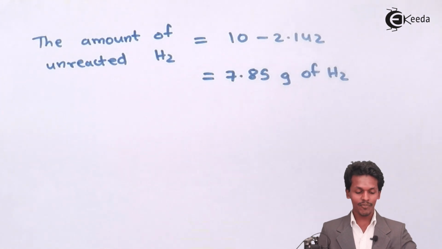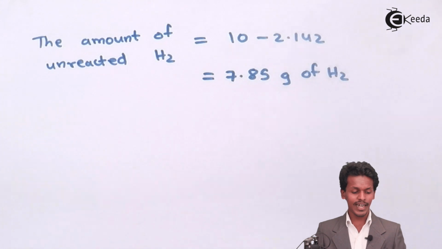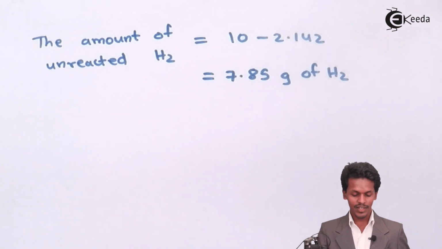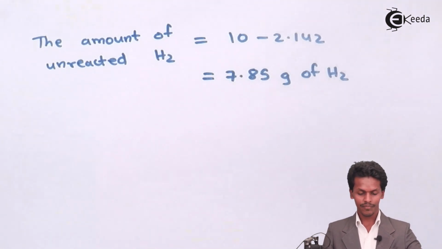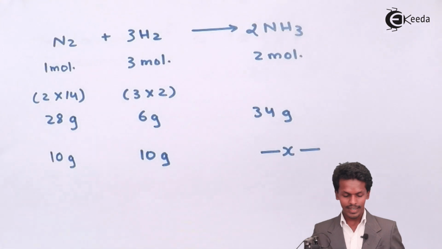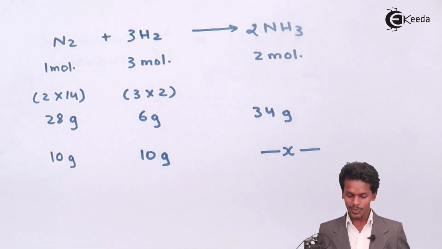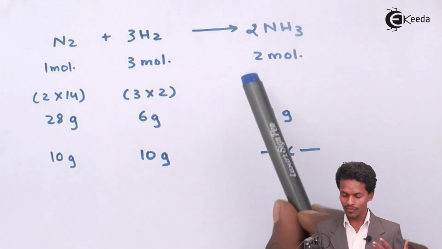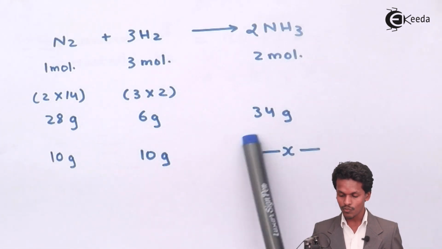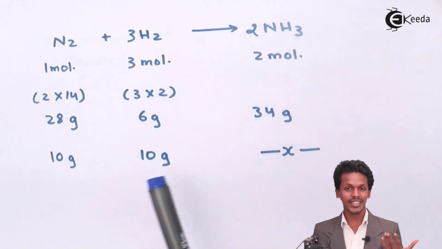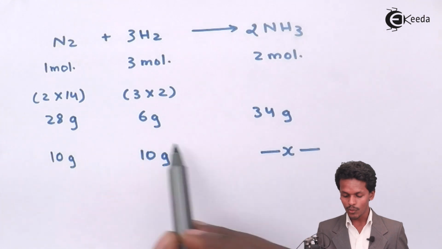The thing is, they have asked us how many gram of ammonia 10 gram of nitrogen will produce. It is very easy to understand because, as we know, the nitrogen that has been provided to us is 10 gram, while that of the ammonia is what we have to calculate. That means we have to calculate the value of x. So what we are going to do is cross multiply.